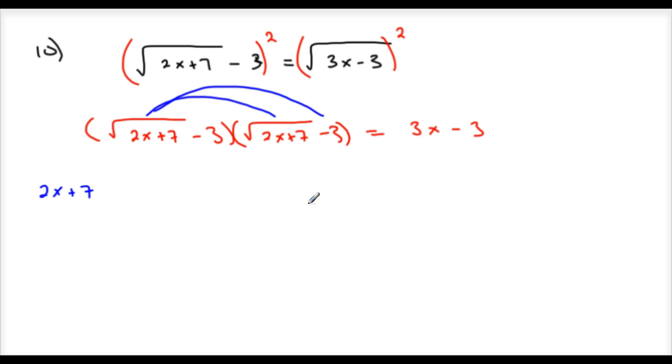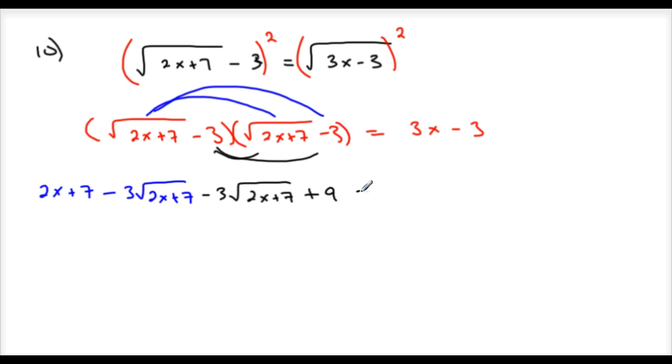Radical 2x plus 7 times negative 3 is negative 3 radical 2x plus 7. Then distribute my negative 3. Negative 3 times radical 2x plus 7 is negative 3 radical 2x plus 7. And then negative 3 times negative 3 is positive 9 equals 3x minus 3.